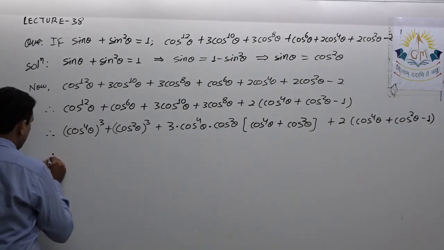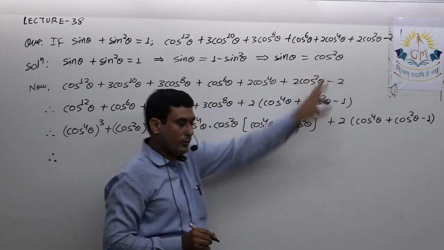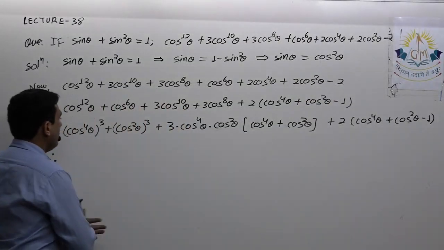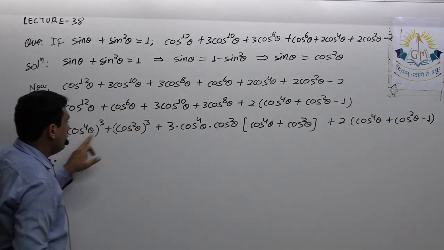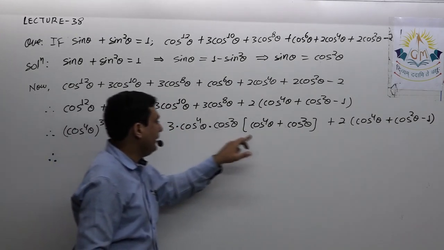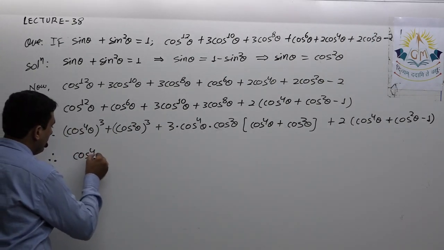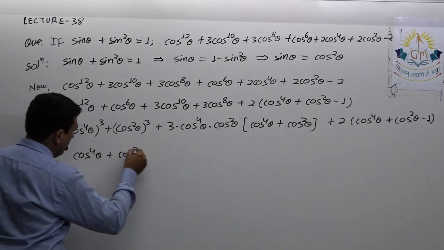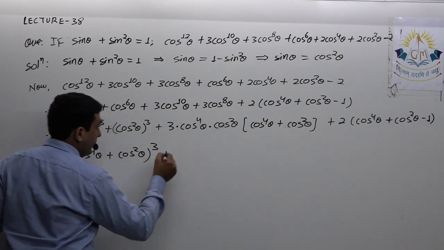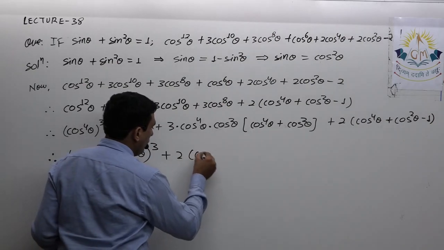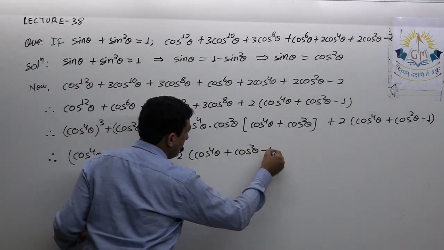Now here we have sin θ equal to cos² θ. So wherever cos² θ is there, I can put sin θ. But before that, this is a cube plus b cube plus 3ab into (a + b), so here I will write (a + b) whole cube, plus 2 times (cos^4 θ plus cos² θ minus 1).